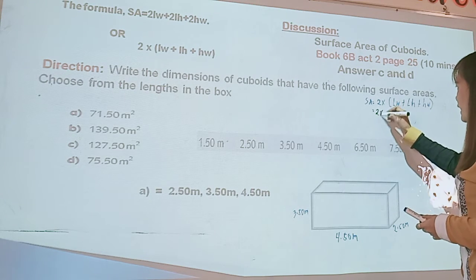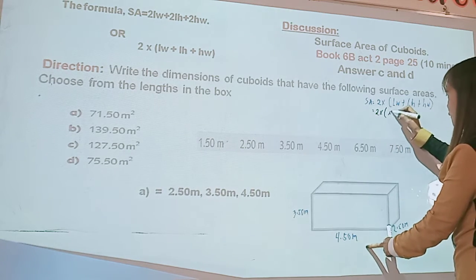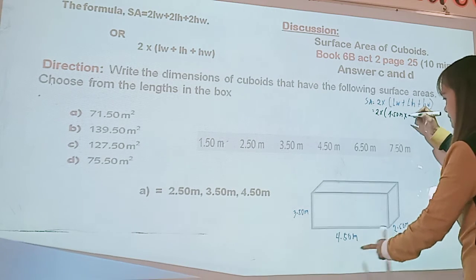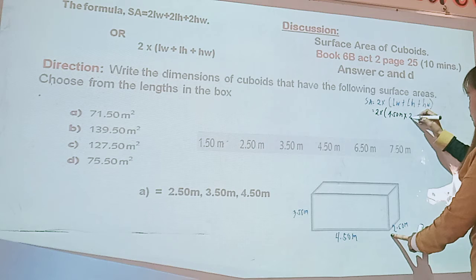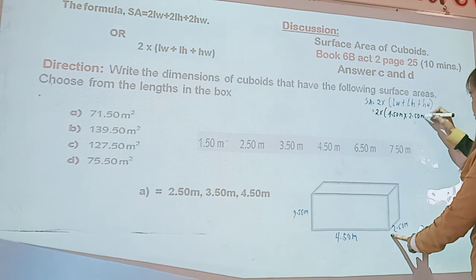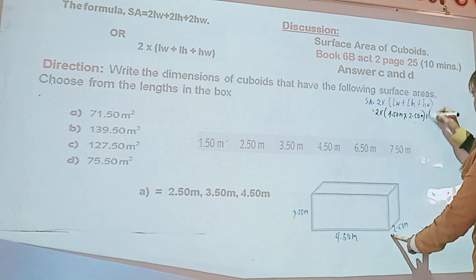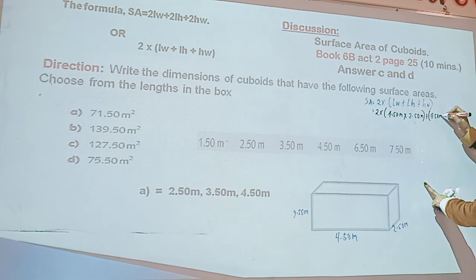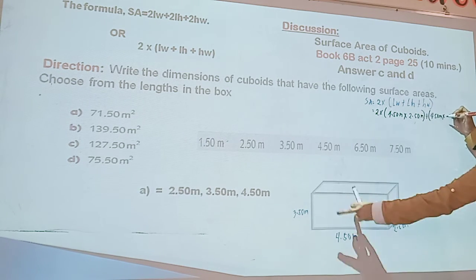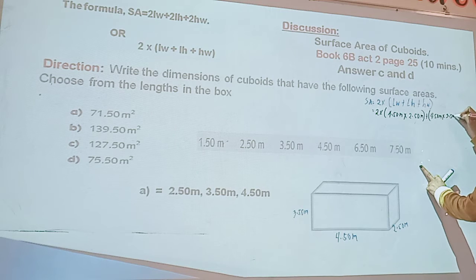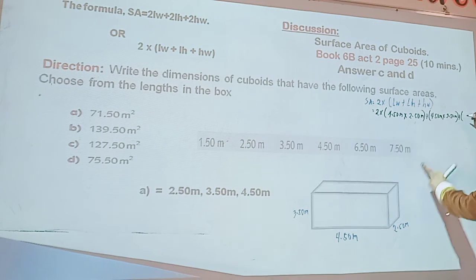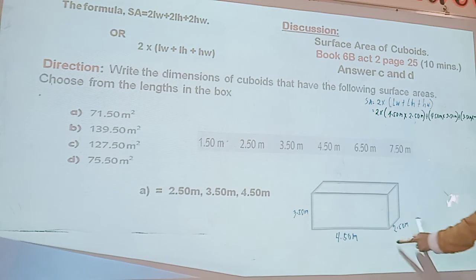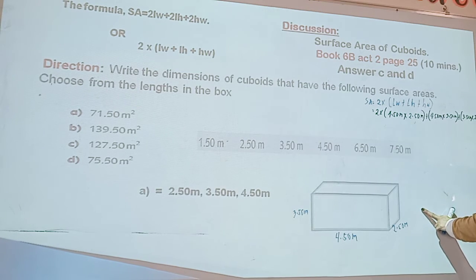So we have 2 times the length, 4.50 meter, times the width 2.50 meter, plus the length 4.50 meter multiplied by the height 3.50 meter, plus the height 3.50 meter times the width 2.50 meter.